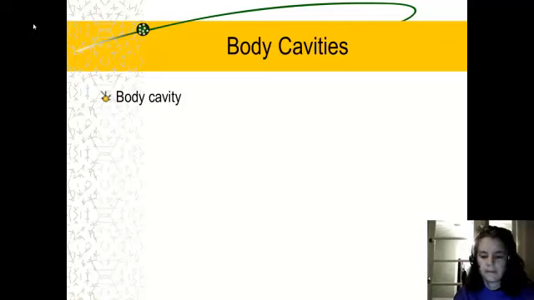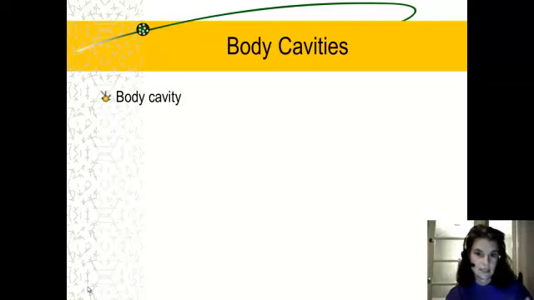A body cavity is a space where the organs exist, like your liver and your heart and your lungs and your stomach. Your body has two cavities in it.